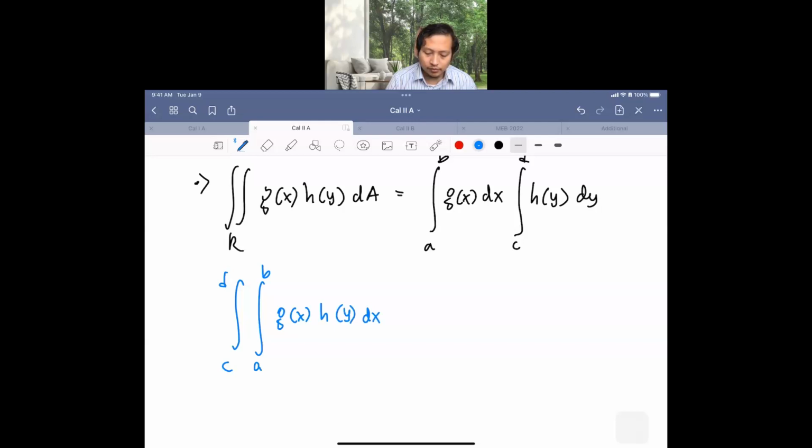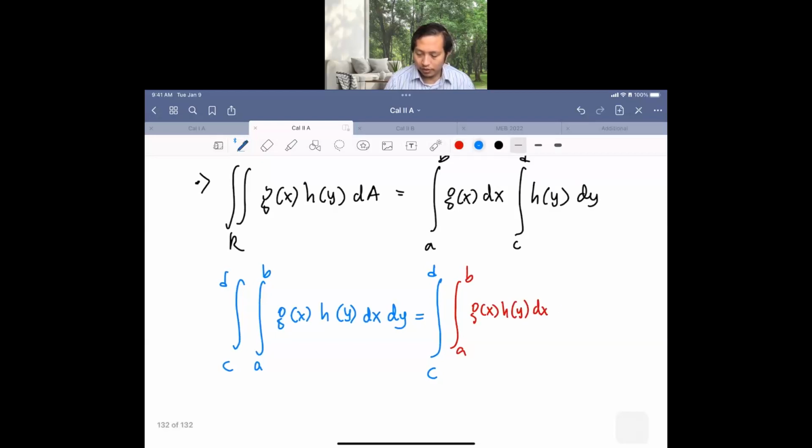Let's start from the dx dy. So first we write the outside integral, and we write the inside as integral from a to b of g of x h of y dx, and write the dy also.